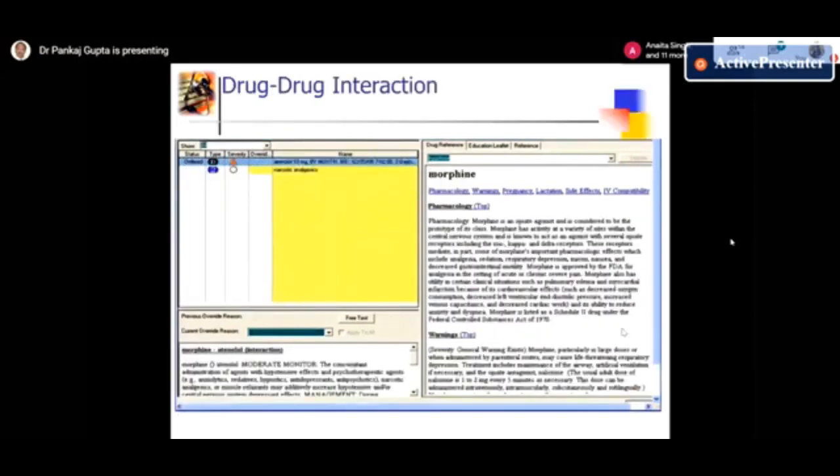If there is a drug-drug interaction between two different drugs, again the system will say that you're prescribing one, so obviously you're not allowed to prescribe the other. So morphine and atenolol should not be prescribed together. Both of them are going to reduce the pulse rate, and that's not a good thing.